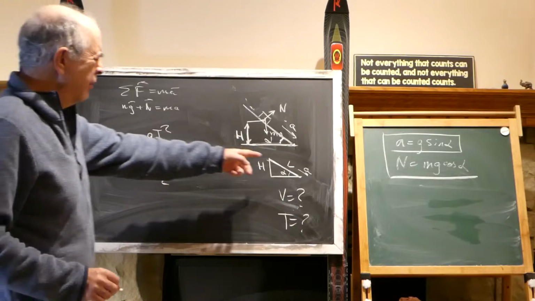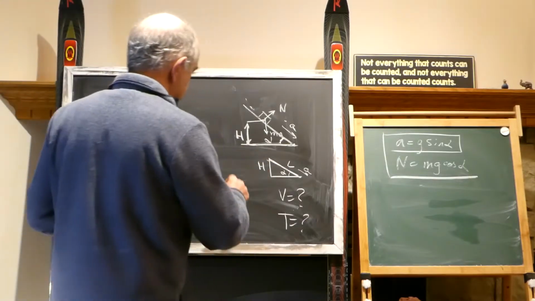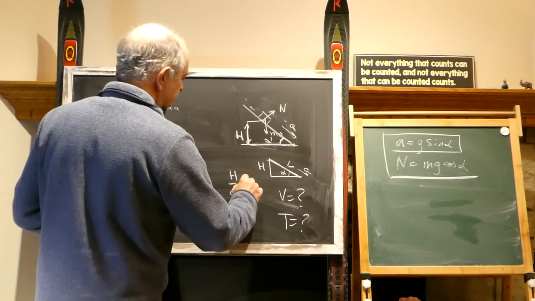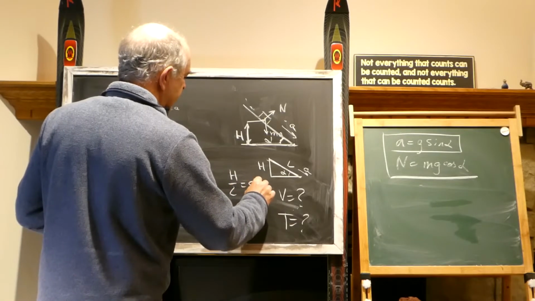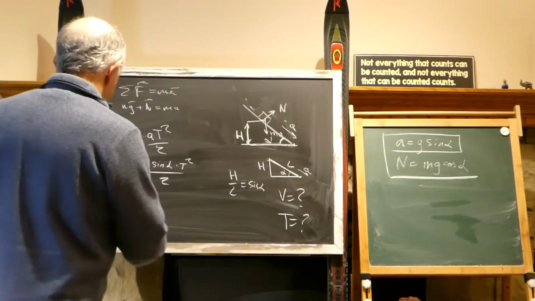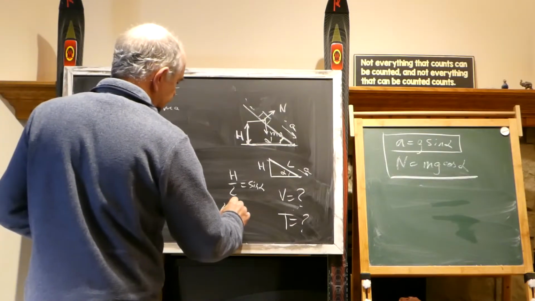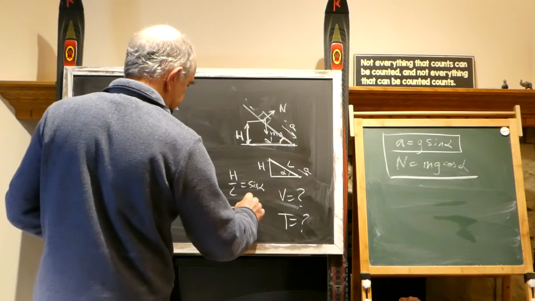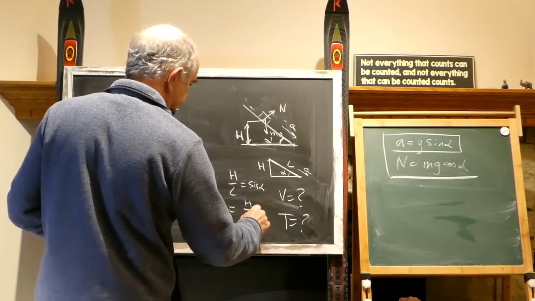But they don't give us L, they give us H. So we can write here that H divided by L equals sine alpha. So we can say that L, actually if we send L here, sine here, we will receive H divided by sine alpha.